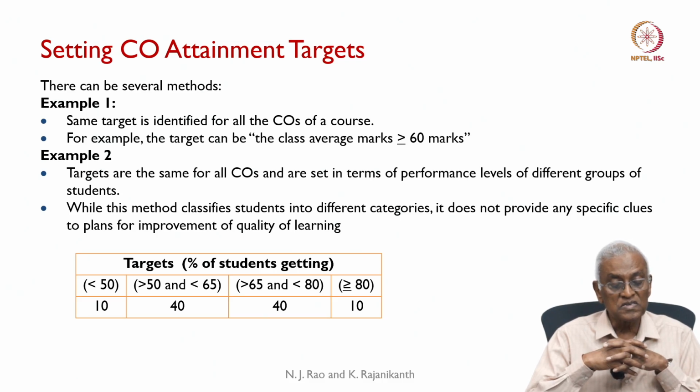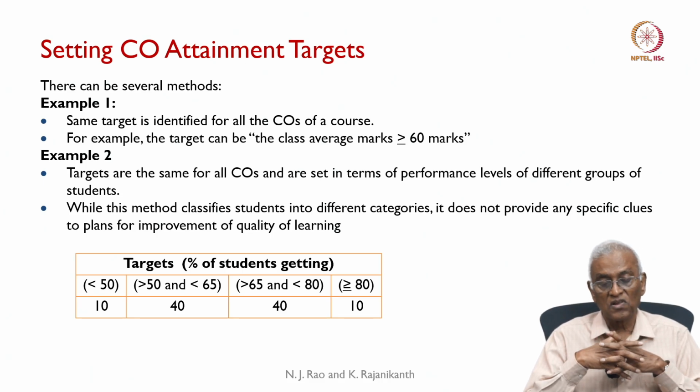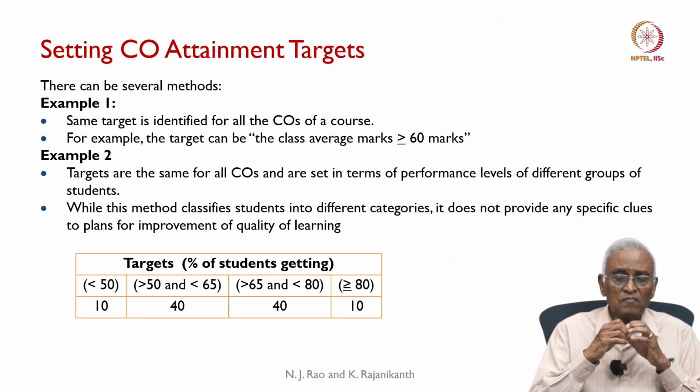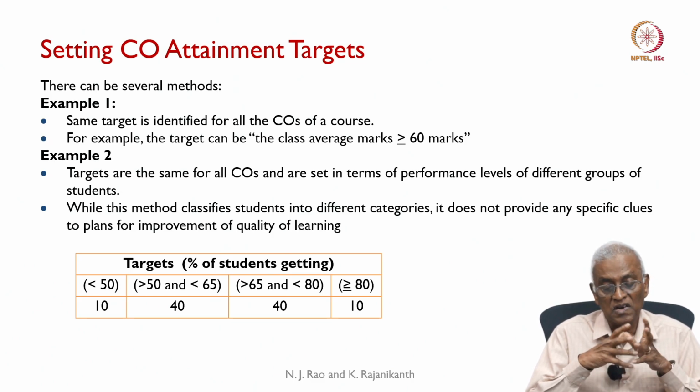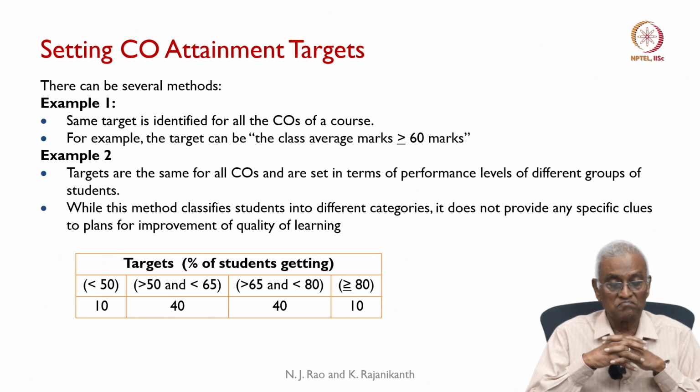Or students getting between 50 and 65 should be at least 40% of the students. And students between 65 and 80 should also be 40%. And people who get greater than 80% marks should be at least 10% of the students.